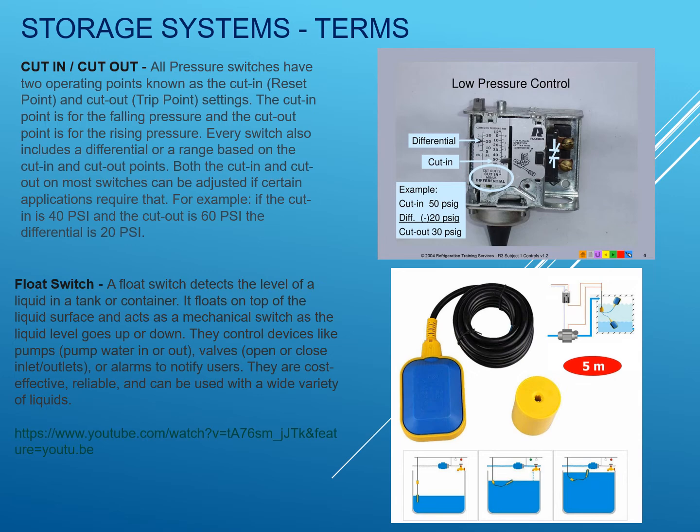The cut-in point is for the falling pressure and the cut-out point is for the rising pressure. Every switch also includes a differential or range based on the cut-in and cut-out points. Both the cut-in and cut-out on most switches can be adjusted if certain applications require that. For example, if the cut-in is at 40 psi and the cut-out is 60 psi, the differential is 20 psi.